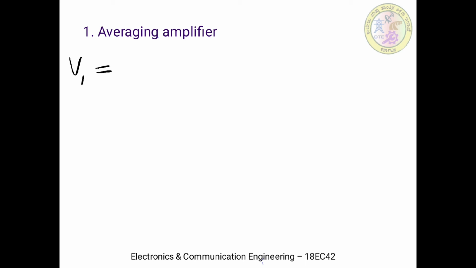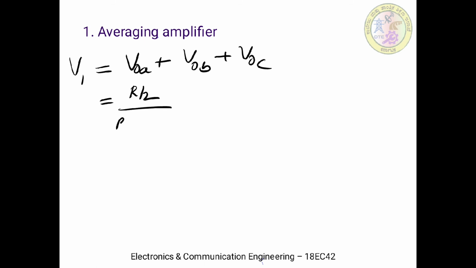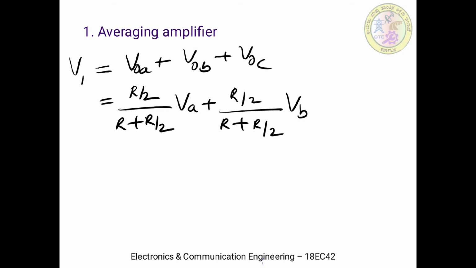The total voltage V1 is equal to VOA plus VOB plus VOC. So that will be equal to R/2 by (R plus R/2) into VA, plus R/2 by (R plus R/2) into VB, plus R/2 by (R plus R/2) times VC.